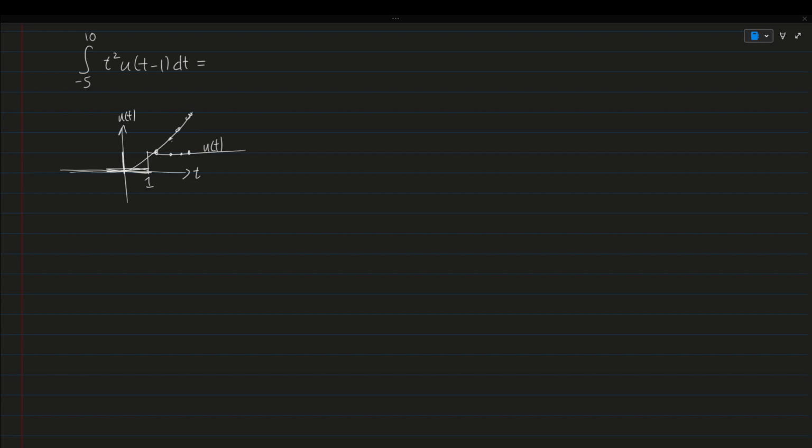Whatever values are here are always going to be multiplied by 1, but everything before 1 is going to be eliminated and just go to 0. So this integral can be reduced to the integral from 1 to infinity of t squared dt. And you should always use this property whenever you spot a unit function inside of an integral.